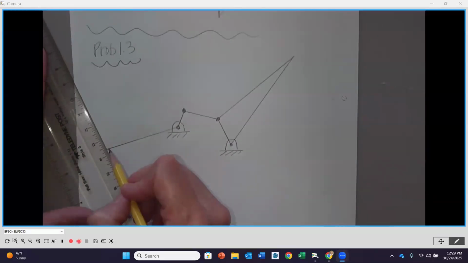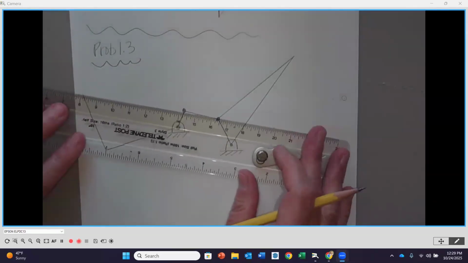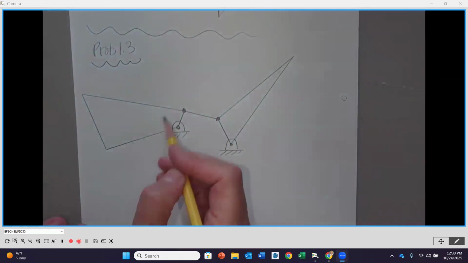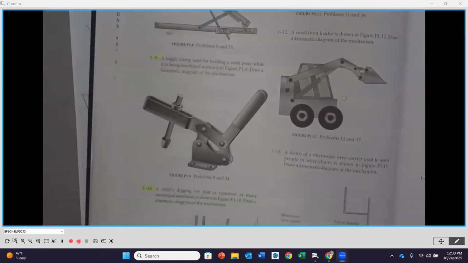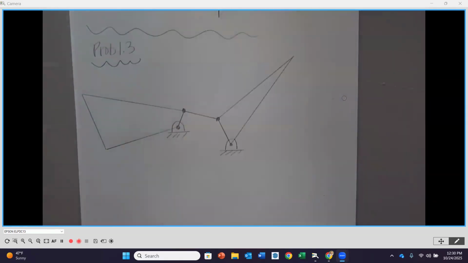But I also want to make sure, for instance, that I am not interfering with something else. I would make that front end look like that because that more closely represents the extents that you have to be aware of as it is going through its range of motion.